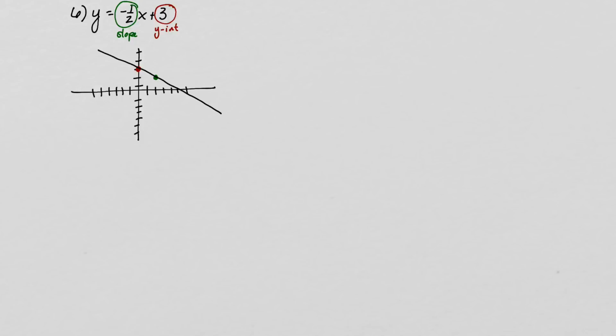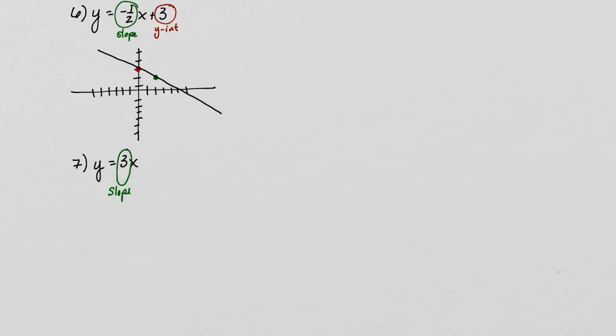And so we're going to do that again for some more problems. So problem number 7, y equals 3x. Now, if you notice here, I only have the part with the x, which means I only have the slope. Up here in the last problem, my slope was a fraction, so it was easy to think about going up or down some number and then to the right a number.